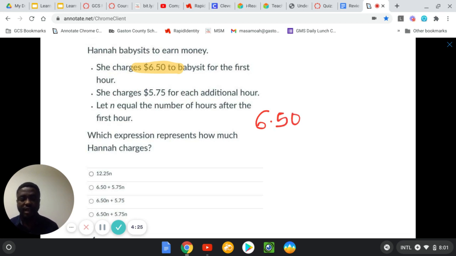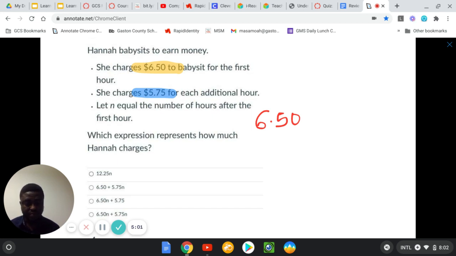Now she charges $5.75 for each additional hour. Let n equal the number of hours after the first hour. Just after the first hour, every hour that comes after, she will charge $5.75. What we are looking for is which expression represents how much Hannah charges for the entire number of hours you call her.